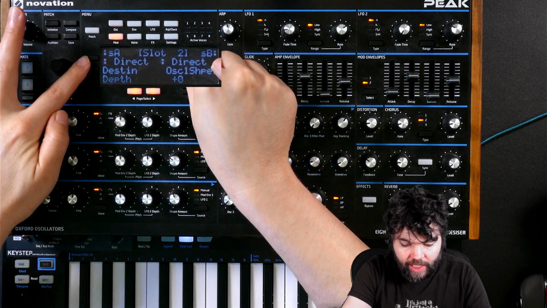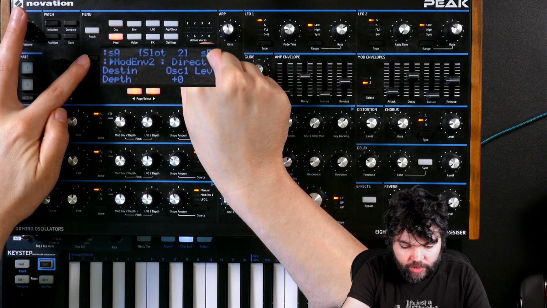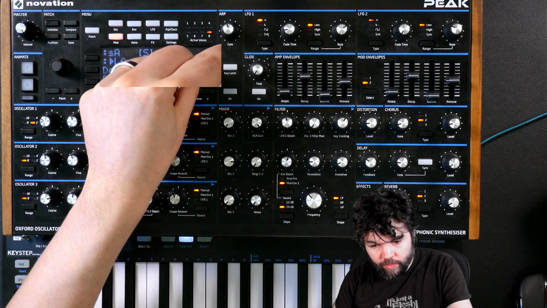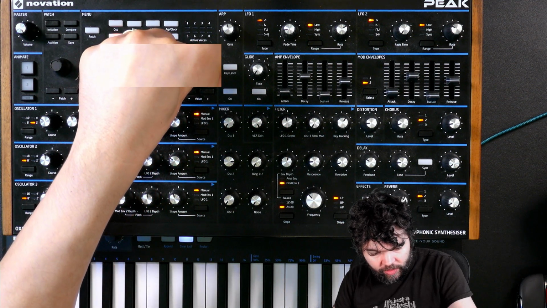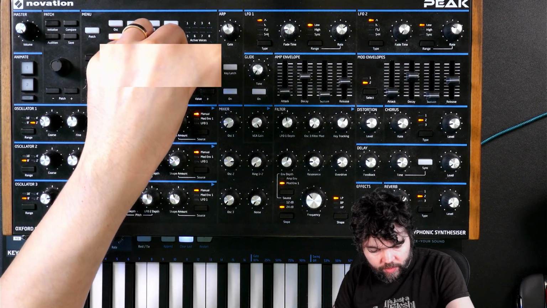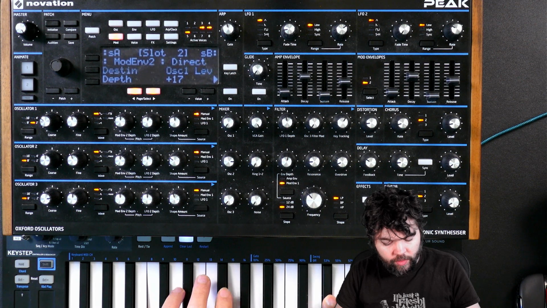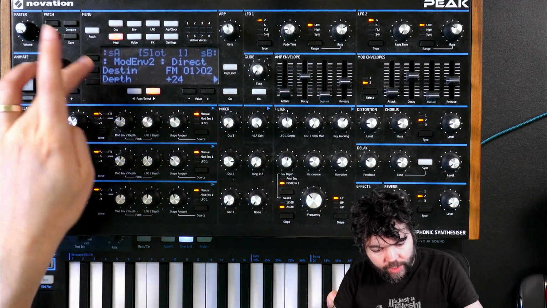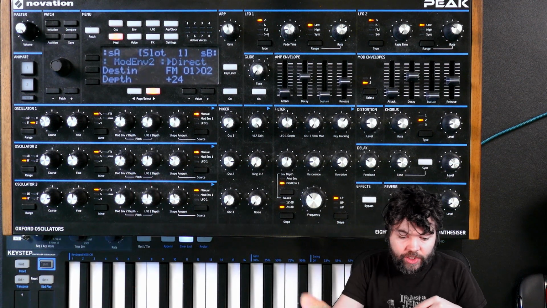Oscillator 1 level from mod envelope 2. Oops, sorry, mod envelope 2. It's quite interesting.